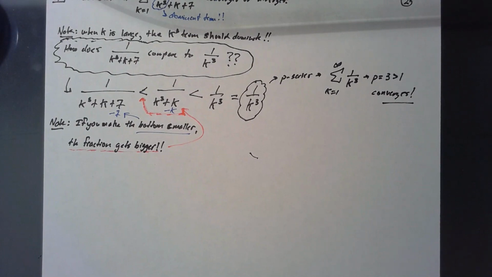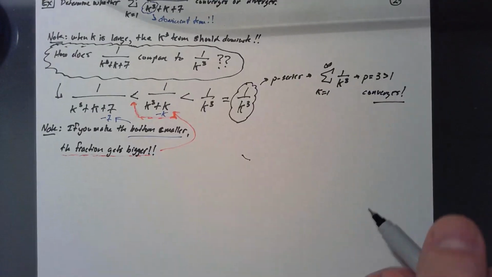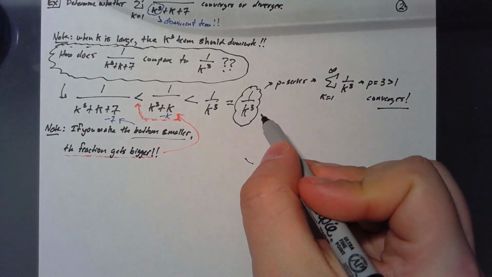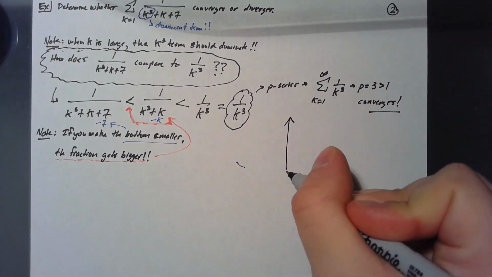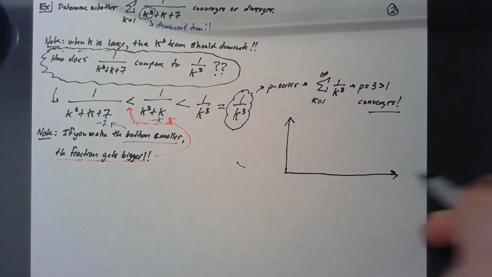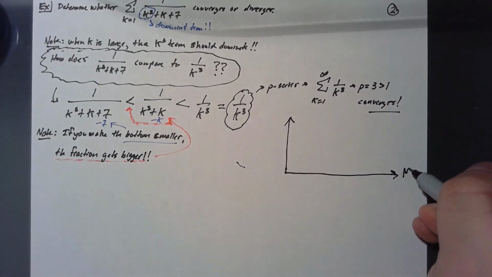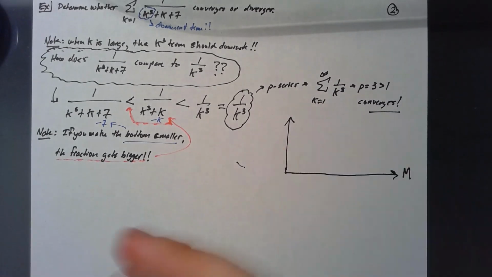All right, well, that's interesting. So let me make my graph here just to illustrate my point. I don't know what it converges to. I just know that it converges to some value m.